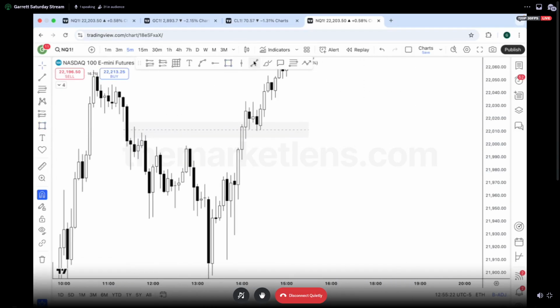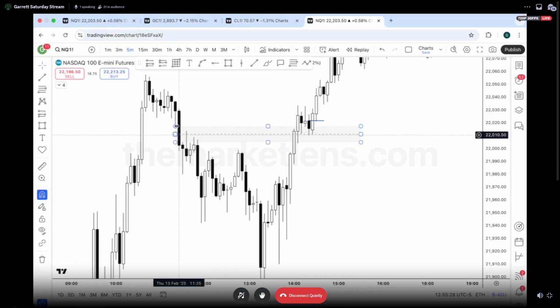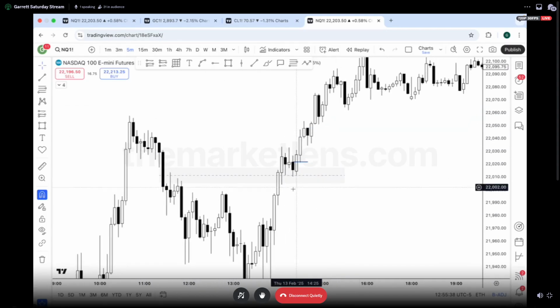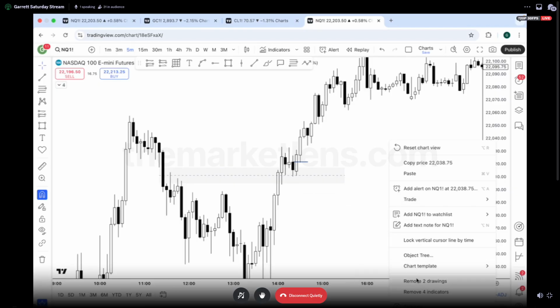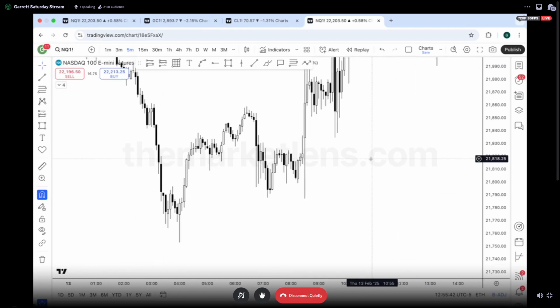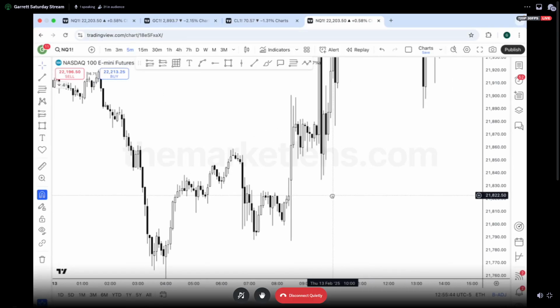If I want to pick this here, I would feel a little bit better about it. That's really it. I like to use inversions, especially ones supported on the way lower, so they got respected on the sell side. When they get broken over, they get respected on the buy side. But I don't think I'm going to put that in the course probably. But yeah, that's something that's pretty interesting.